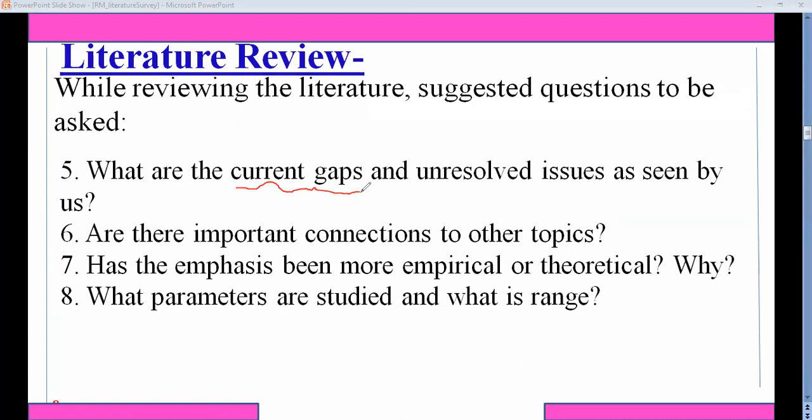Is there an unresolved issue in the research? We can solve it. That we have to see in the literature review. We see what people have done, and when we put it in tabular format, it gives a very clear picture of where the gap is.